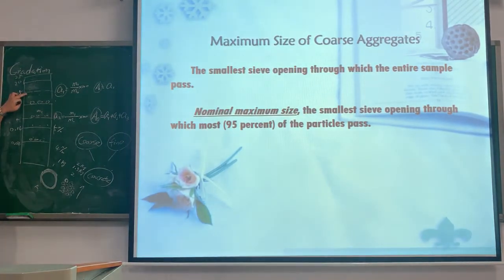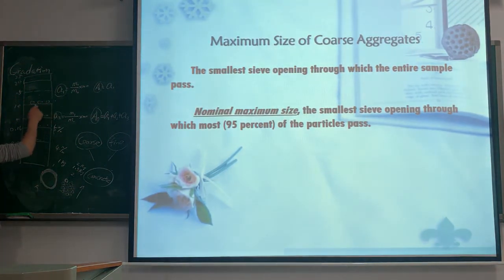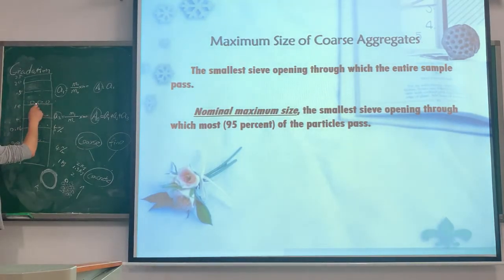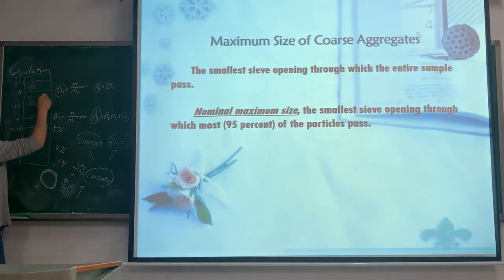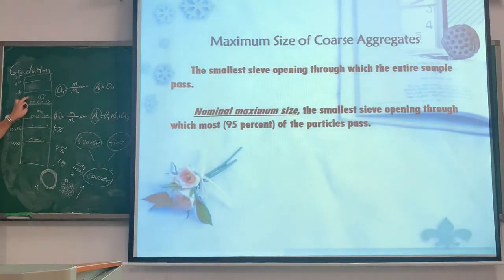Maybe it's 15, but we need to look at the percentage. If the mass of aggregate at this sieve is 10% or 15%, which one is the nominal maximum size? 10 or 15?